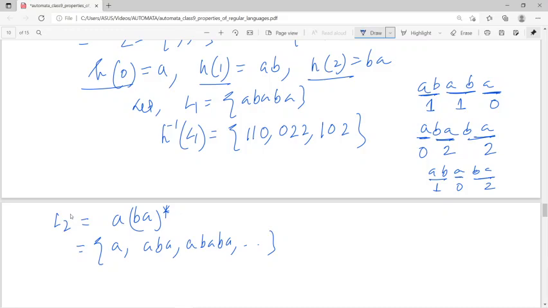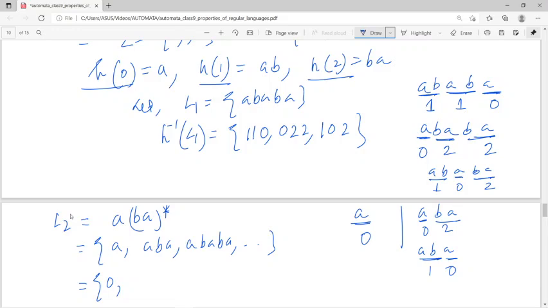So what we know is that if this is only a, then a means 0. That is no problem, we can write that as 0. Now if we take aba, then the possibility is either you take 0 and ba is 2, or if this is aba, we can take ab, that is 1, and then 0.